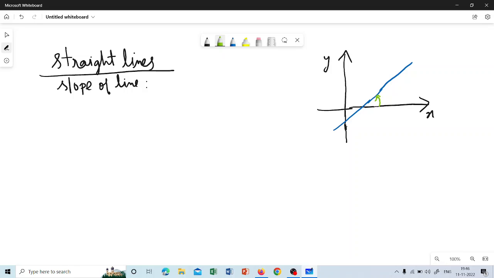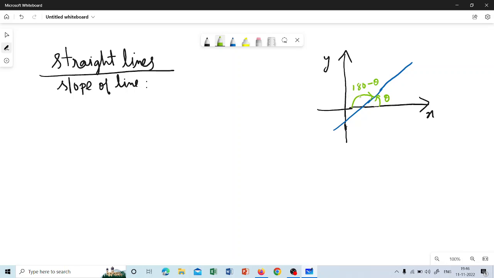I can go like this, and similarly I can come like this. So there are always two ways to measure the angle. If I consider this angle as theta, then I can write this as 180 minus theta, because this is a supplementary angle, a linear pair, so the sum of the angles is 180.